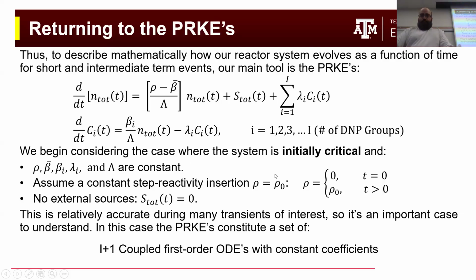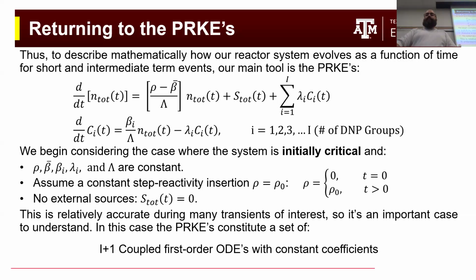So we have constant coefficients, and we're going to assume that the reactivity rho is a reactivity insertion that is initially zero because we're initially critical at time zero. After time zero, we're going to assume that this reactivity insertion is some value rho zero. It could be positive, it could be negative.